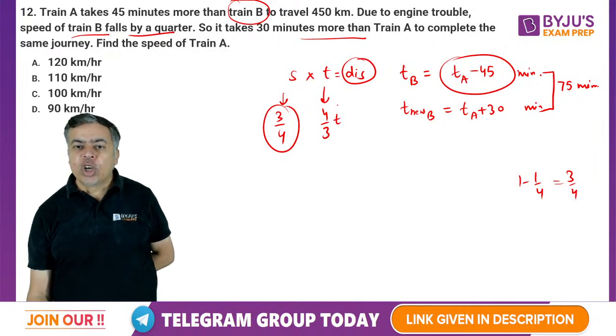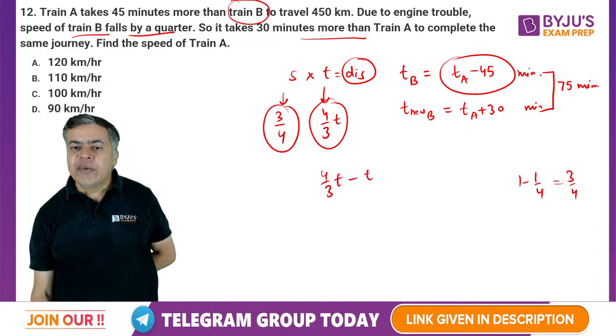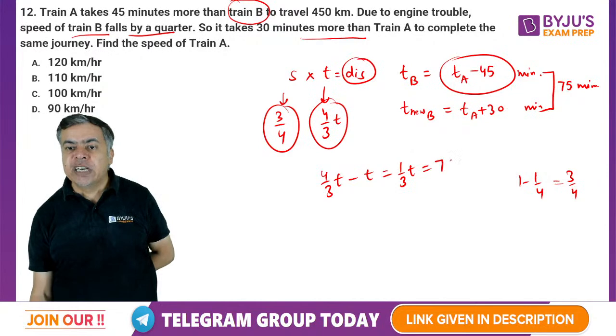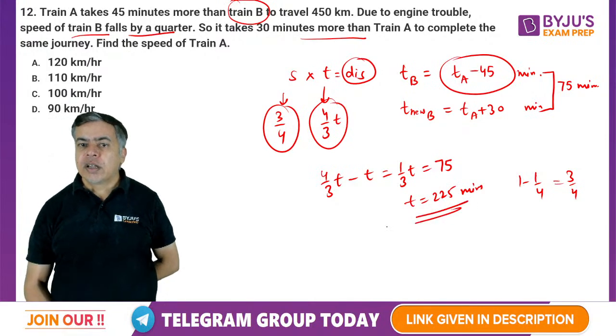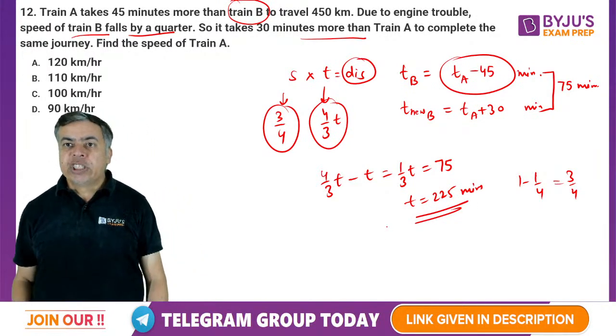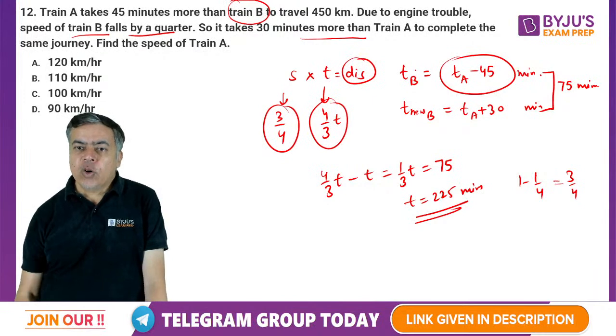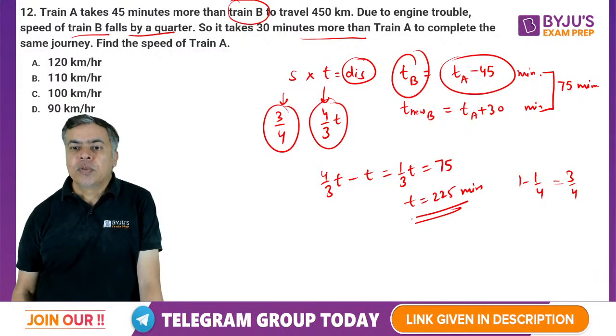So if the new time is 4/3 t and the earlier time was t, the difference is 1/3 t, which is given as 75 minutes. So t is nothing but 225 minutes, the original time for train B.